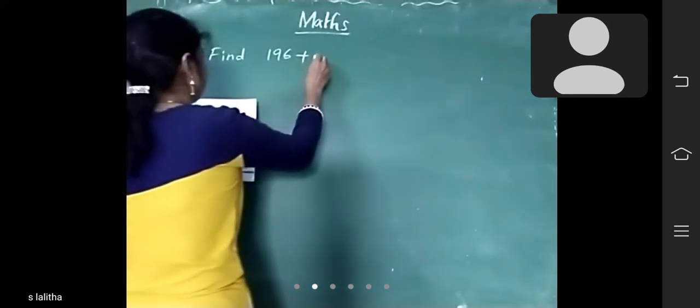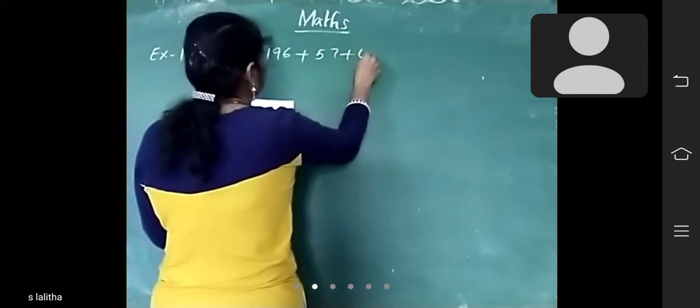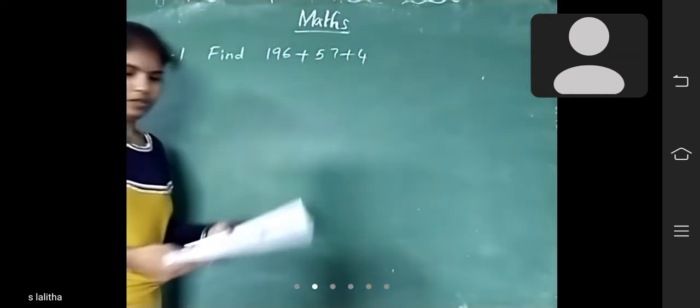Next example 1, say children. Find 196 plus 57 plus 4. By using properties you can do it.